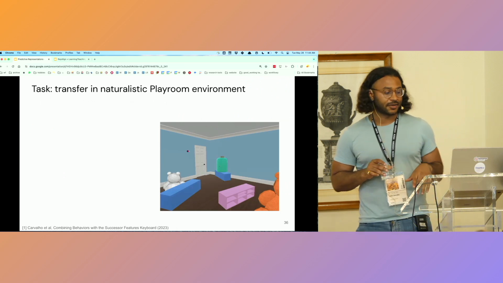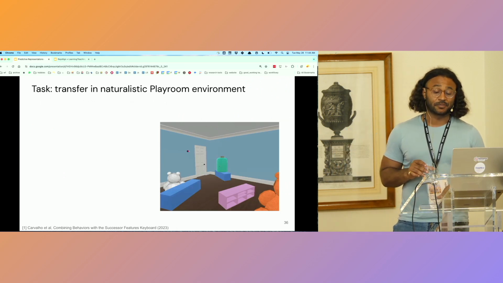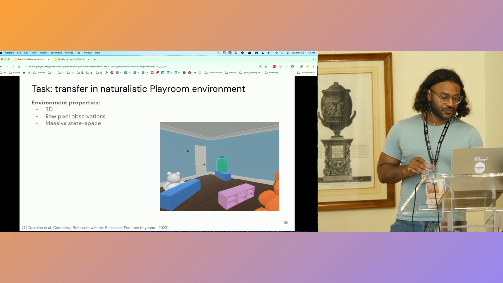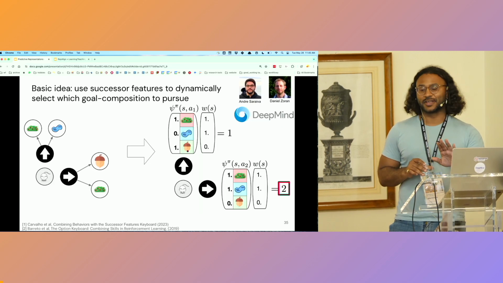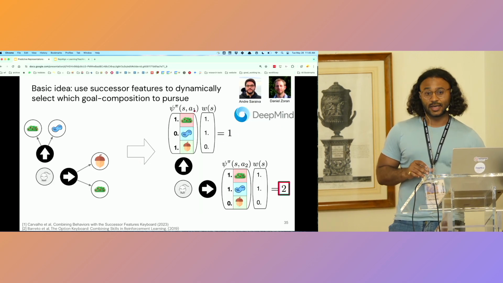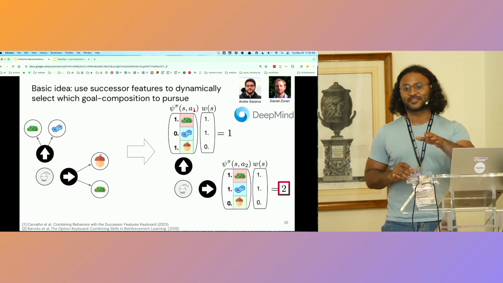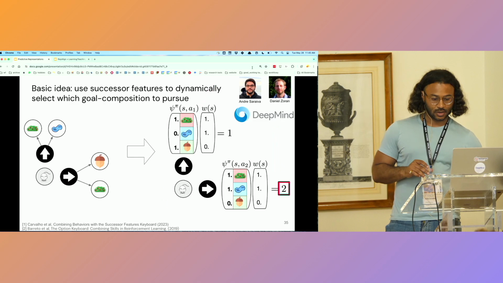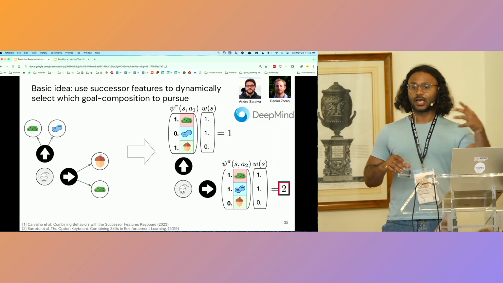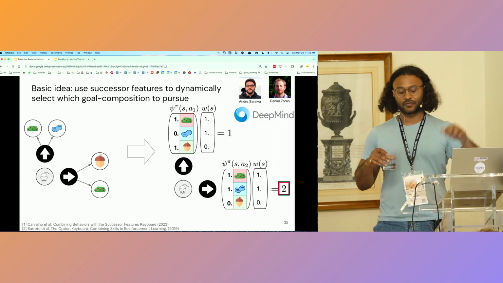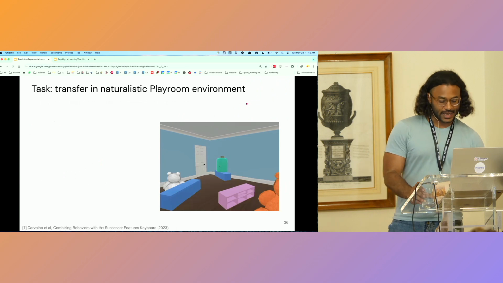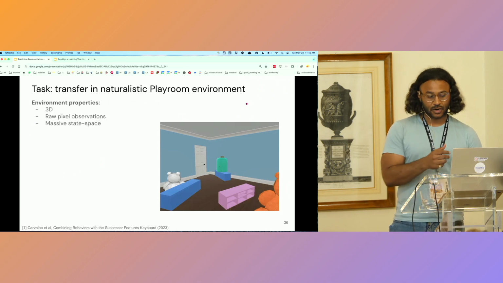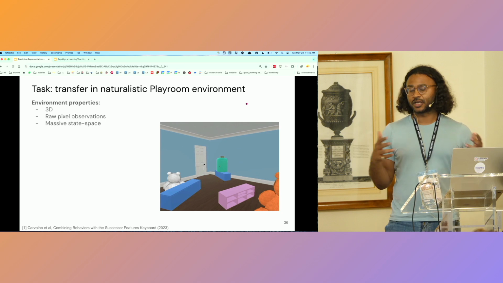We studied this in the context of transfer in the naturalistic playroom environment. So just to be clear, this idea originally is actually Andre Barretto's, so I want to give a shout out. And then I worked with Andre and Daniel at DeepMind to kind of scale this up to a large 3D environment. So we looked at transfer in this playroom environment. It's 3D. There are pixel observations.